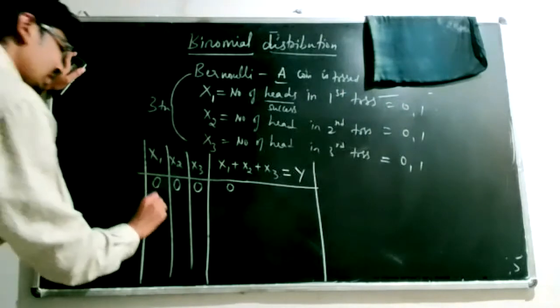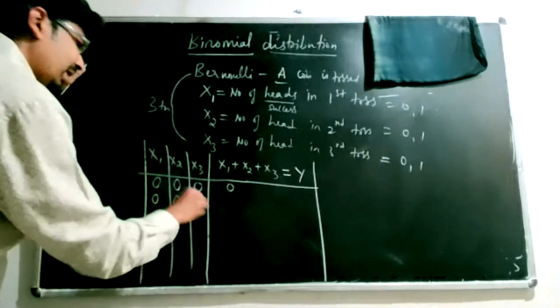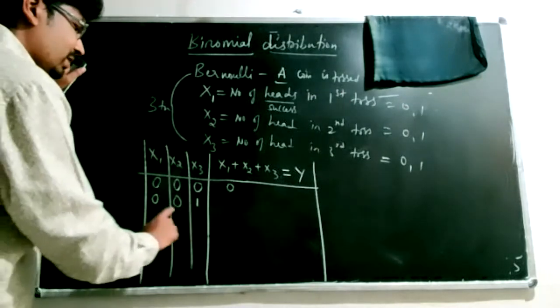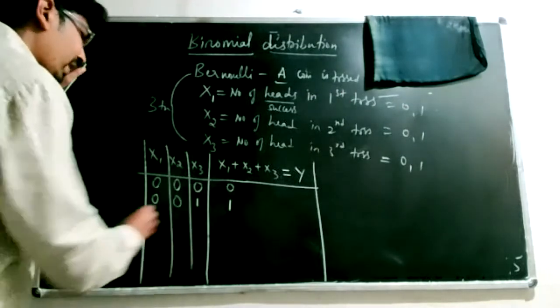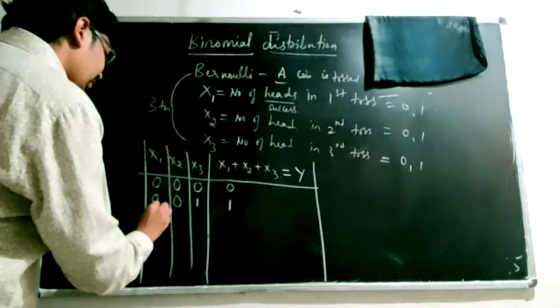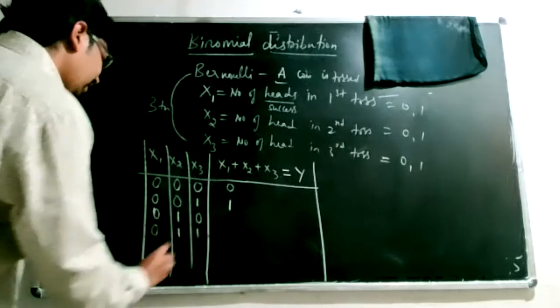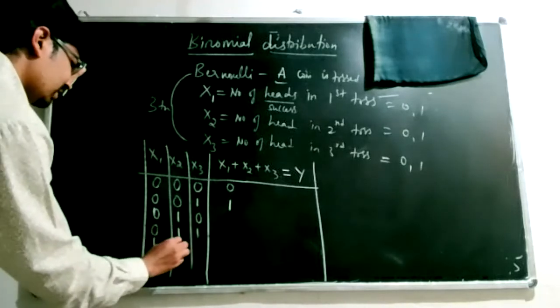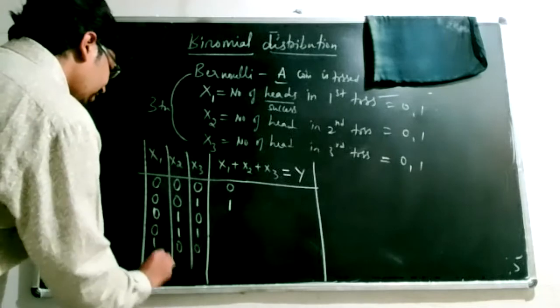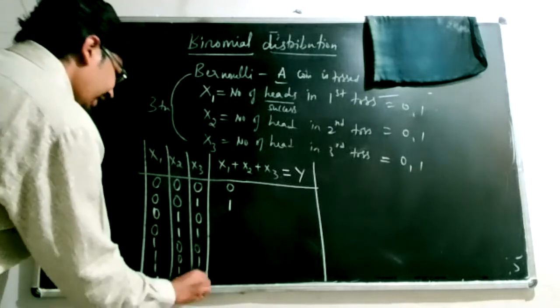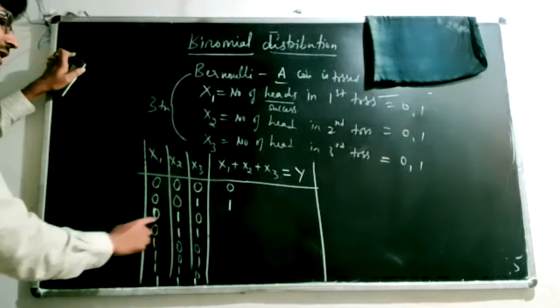The next case, first 2 tosses are tail, but the third toss is head. In that case, my possible combinations are 0, 0, 1. So it takes 1. So I could have 0, 1, 0 or 0, 1, 1. Then the other cases are 1, 0, 0, 1, 0, 1, 1, 1, 0. It is the same as writing your t, t, t, t, t, h, t, h, t.